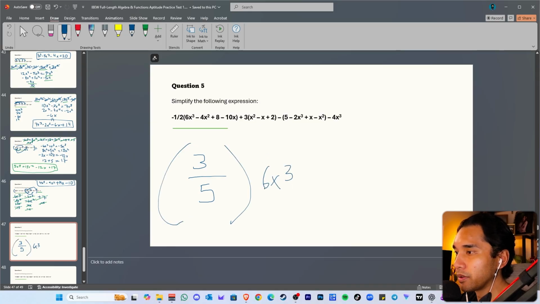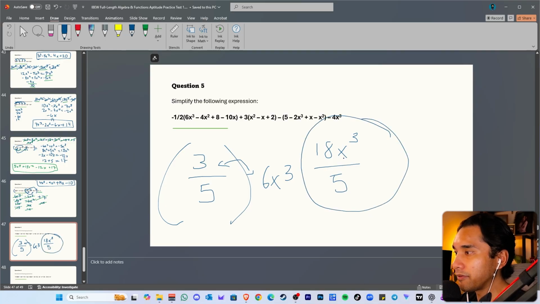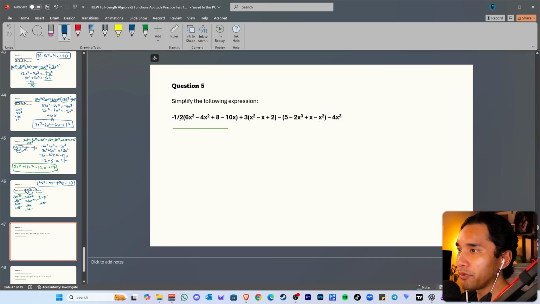What we do here is multiply the top, and we would get 18x cubed over 5. And there's nothing we could do there. If they do this to you, that is diabolical. They have to somehow give you a whole number on the test. Okay, that's it.